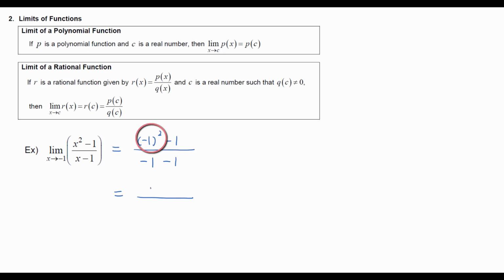Negative 1 squared is positive 1, minus 1, over negative 2, is equal to 0 over negative 2, which is equal to 0. So the limit of this rational function as x approaches negative 1 is 0.